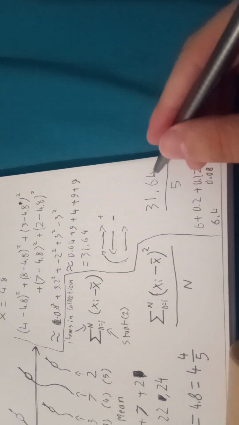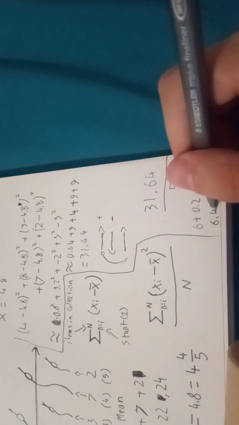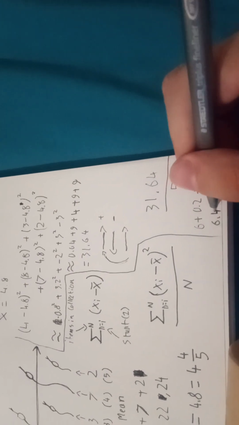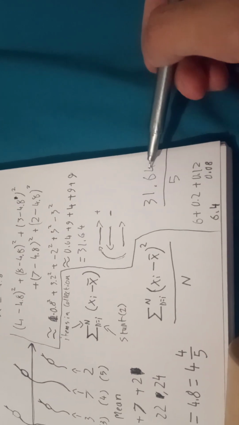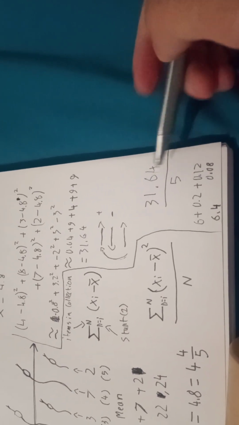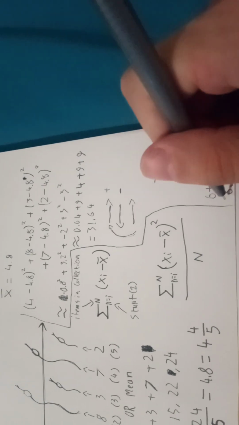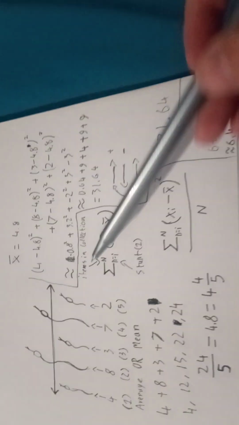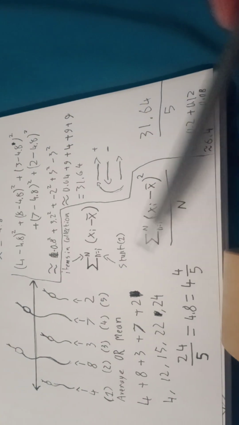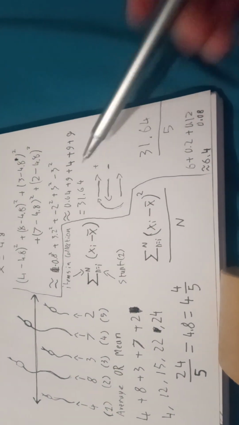Oh no, I made a slight mistake in there. Okay, but that's essentially your operation in here to do this. So I just put approximately equals that, and that's how you calculate the variance in there.